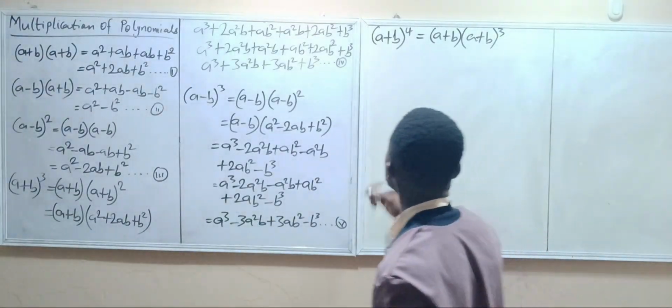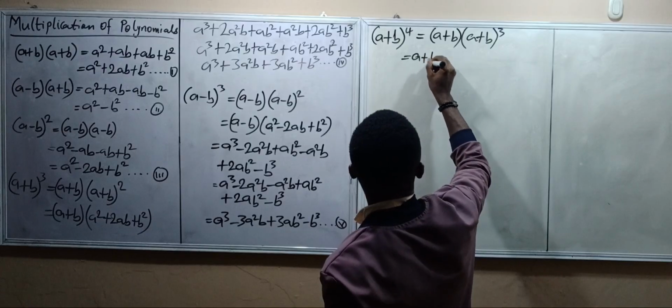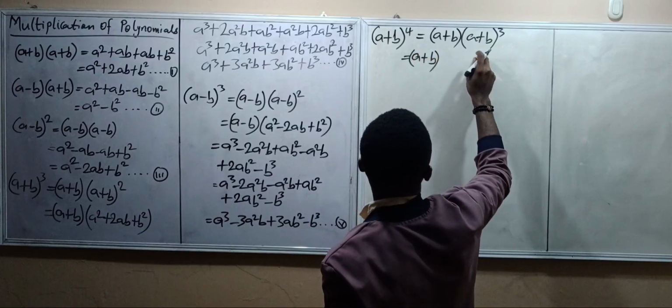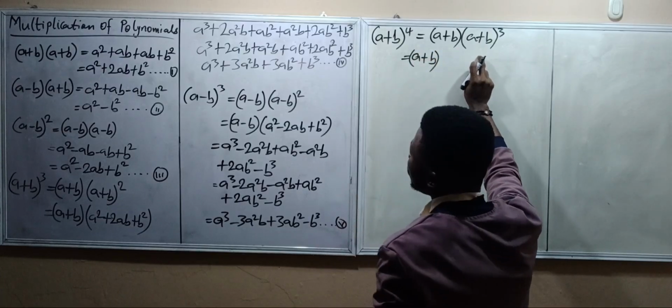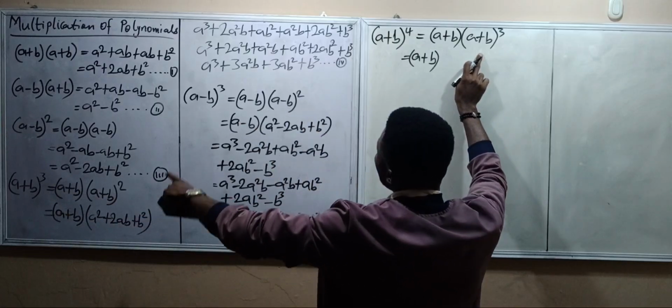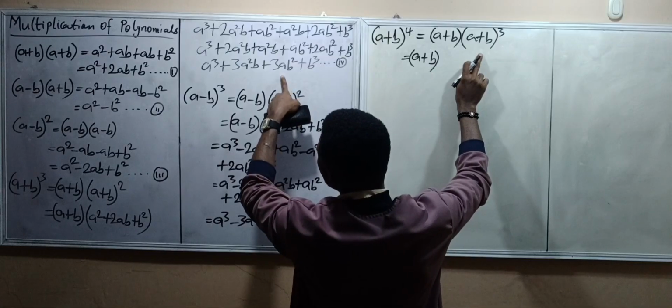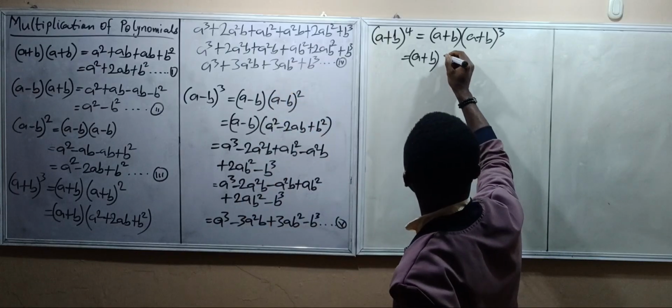And this is equal to (a + b) into, what do we get as (a + b)³? We got this as (a + b)³.